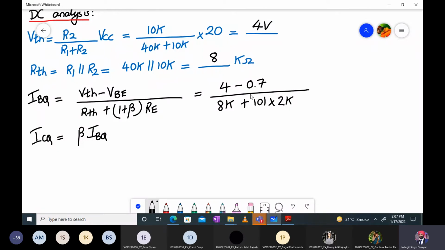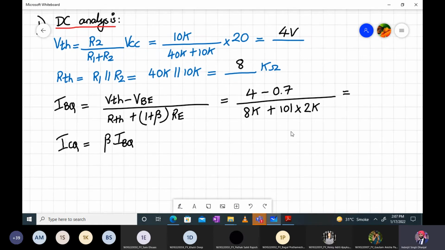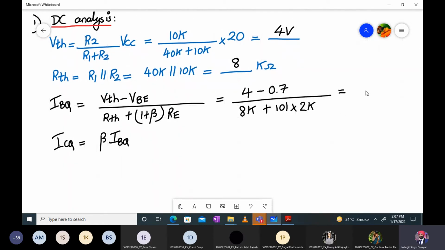So please let me know this answer: 3.3 divided by 8K plus 101 into 2K. How much is this? IBQ. Please practice over here itself so that you don't make any mistake in the exam. Okay, 0.015. In microamperes, tell me in microamperes.